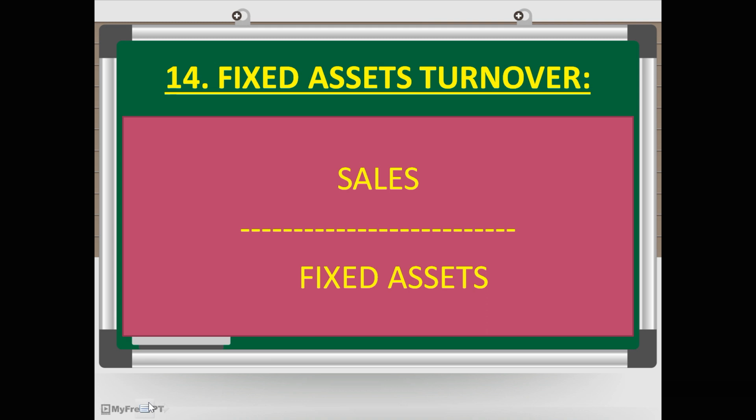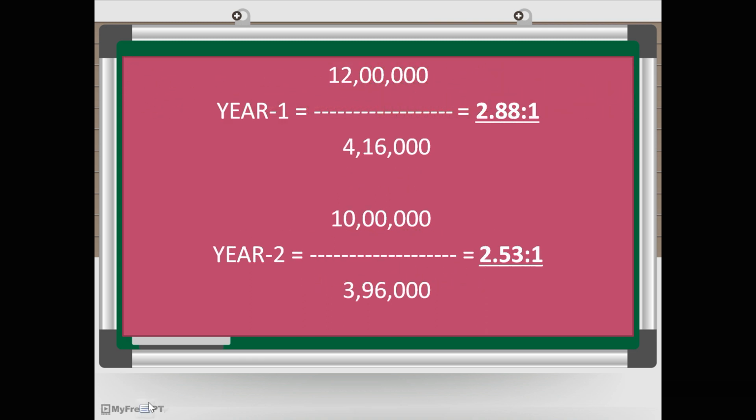Anyways, 14th ratio, fixed assets turnover. The formula is the same: sales divided by fixed assets, and here is the calculation for the same.